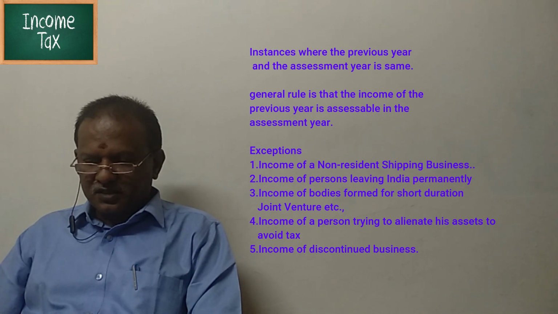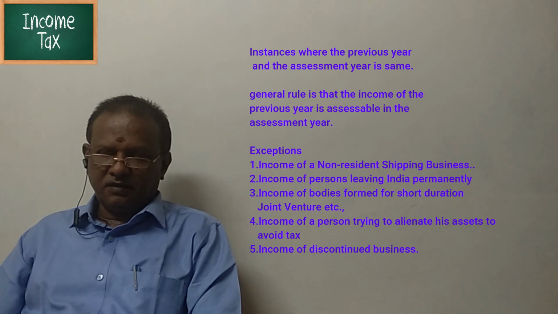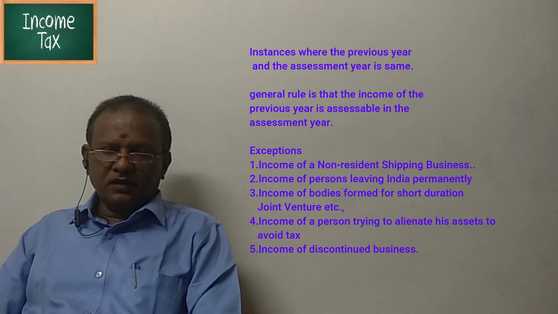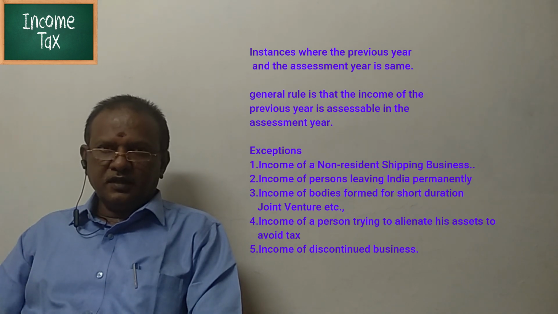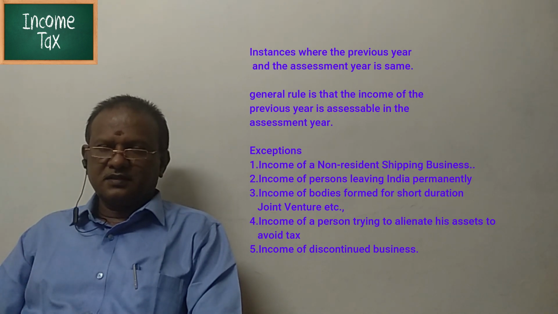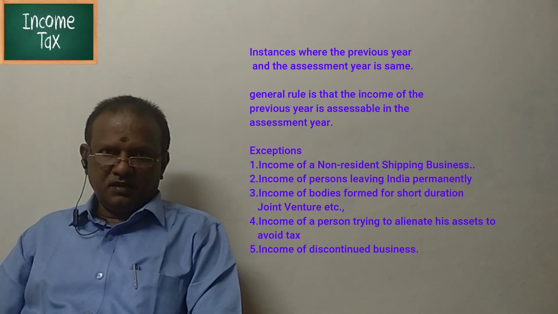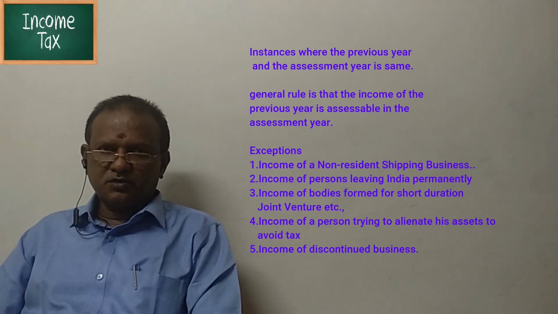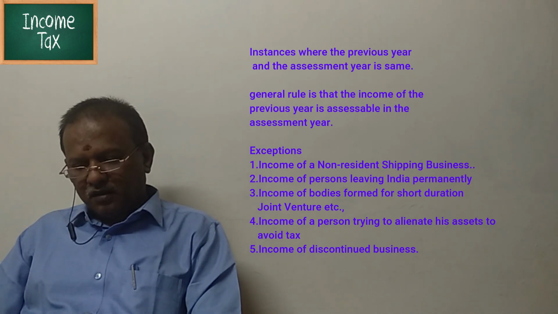Suppose a joint venture was entered into for construction of a government building, the building was completed within the year, and the joint venture was dissolved. In that case, the income has to be calculated in the year itself and the necessary tax paid before dissolving the joint venture.